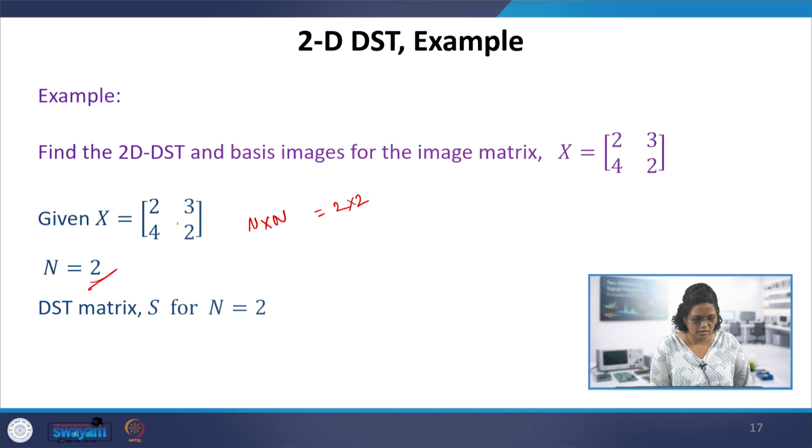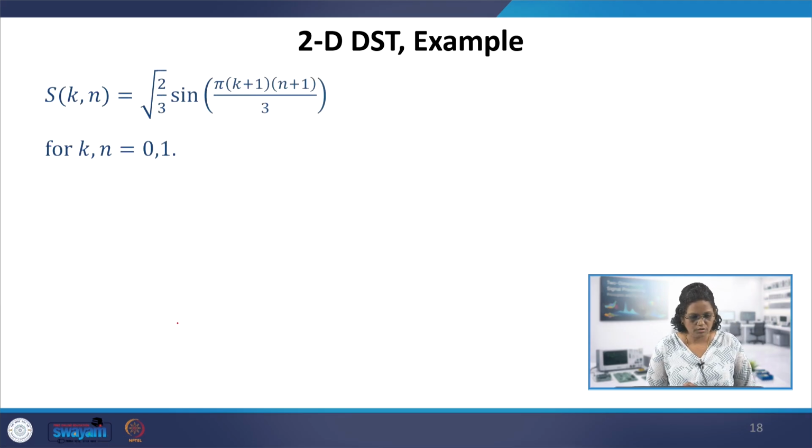So what is the DST matrix S for N equal to 2? That is the kernel. We first have to find the kernel. For finding the kernel, S(k,n) equals root 2 by 3, that is root of 2 by (N plus 1), where N plus 1 is 3, times sin of pi times (k plus 1)(n plus 1) by 3.